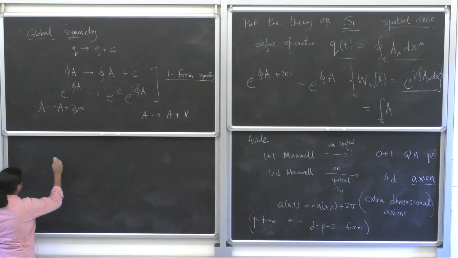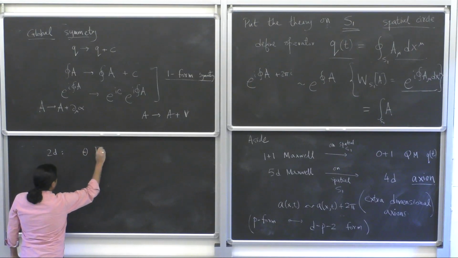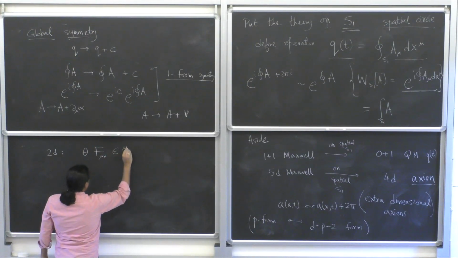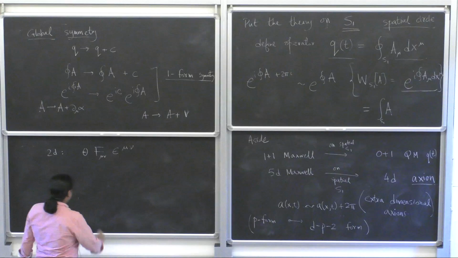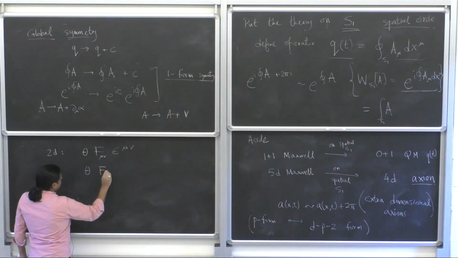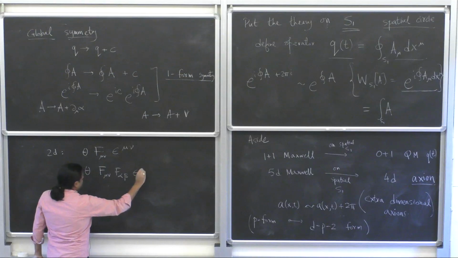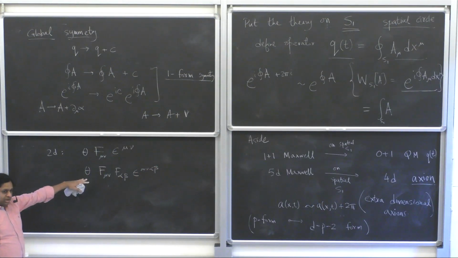In the 2D example, our theta term looked like theta F, or if you want to write out components, theta F_{mu nu} epsilon^{mu nu}. So that's a one derivative term. That's all you can write down in 2 dimensions. In 4 dimensions, this looks like theta F_{mu nu} F_{alpha beta} epsilon^{mu nu alpha beta}. So this is now a 2 derivative term, right?